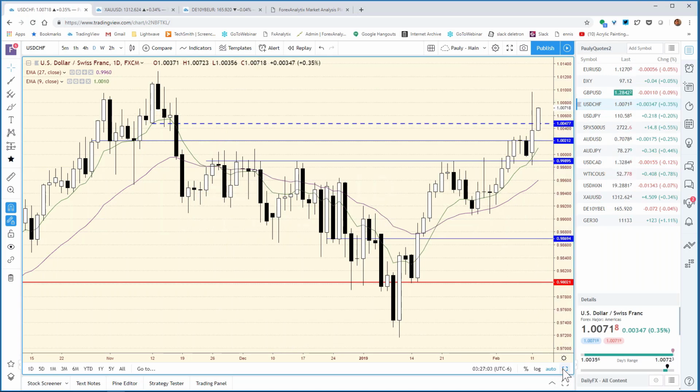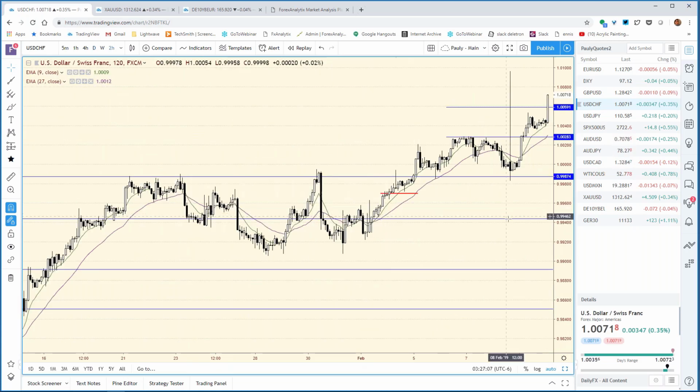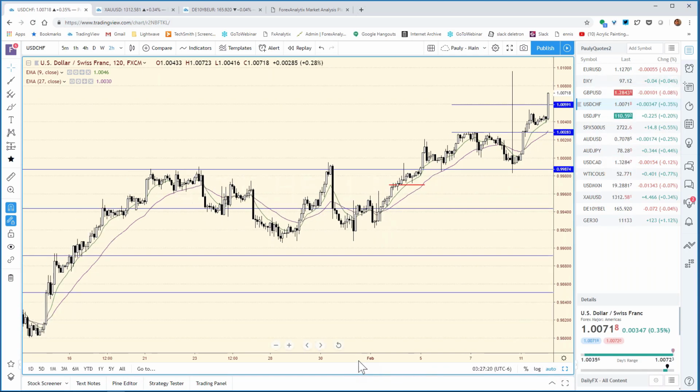Now let's go into the 2-hour chart. Not a whole lot, but we did go in and fade back. And look, here we are assaulting again. Of course, obviously making the most of this run up here with the cash dollar index. So where's resistance going to be? Let's take a look.